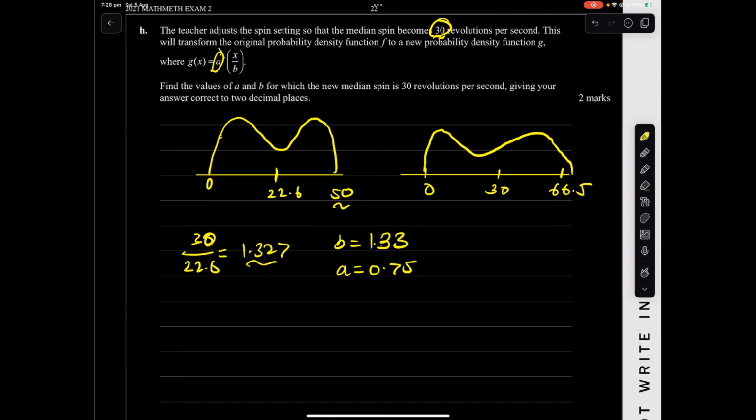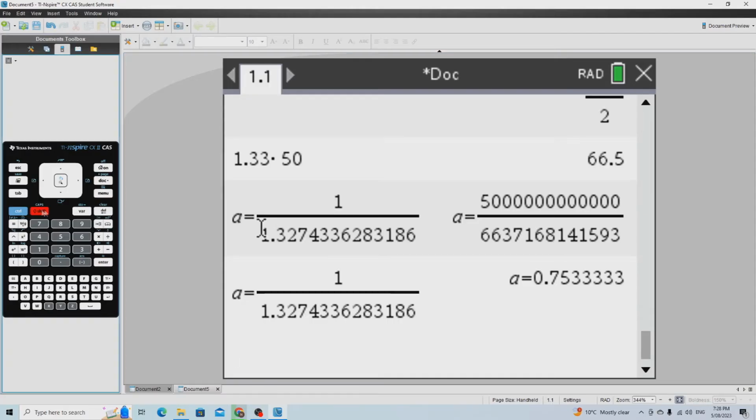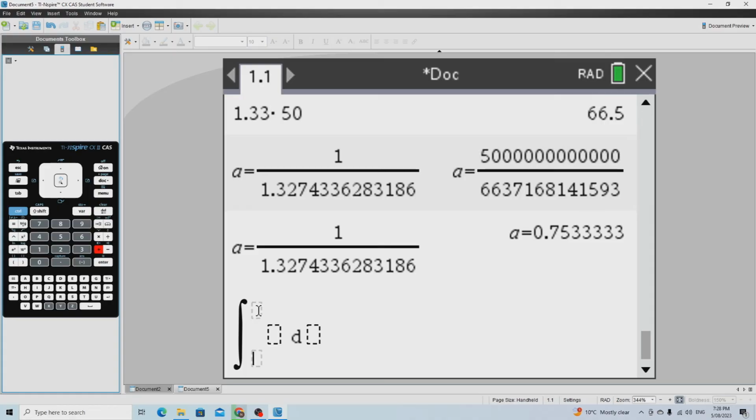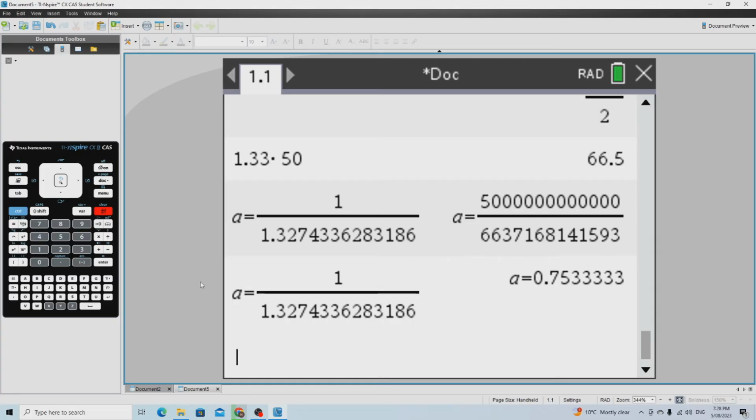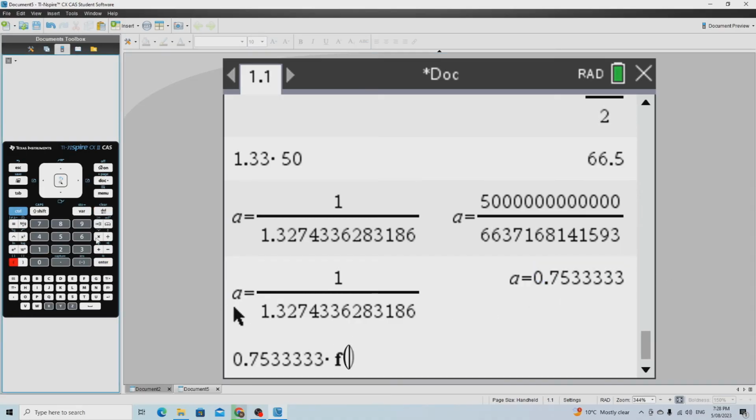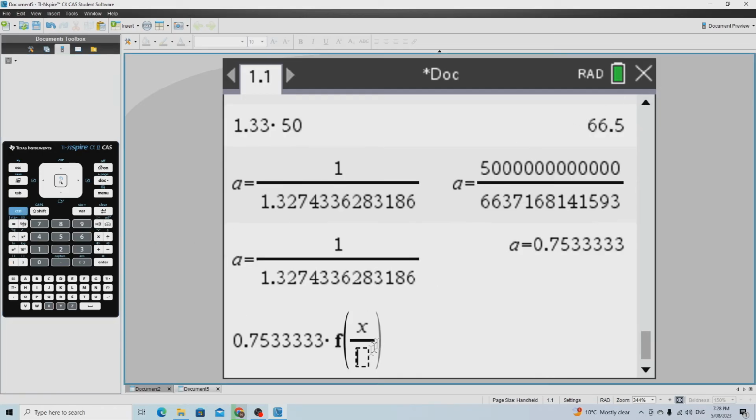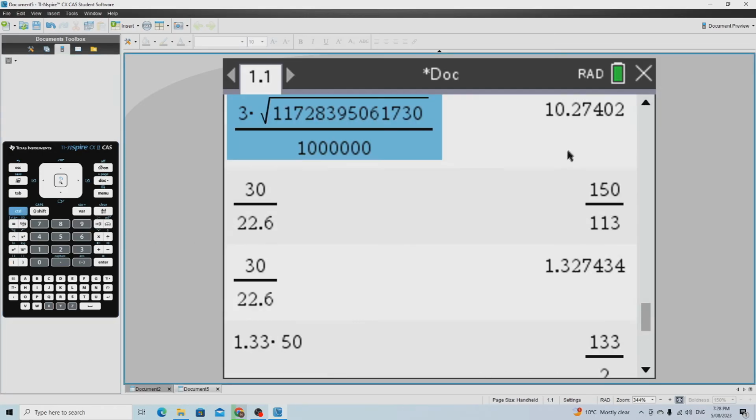So let's say we transform this graph. You know how it's A times, and our A value is this, times our F of X over B, and our value of B was this one over here.